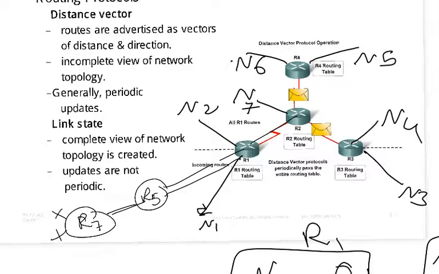But in the case of link state, it's usually faster. Why? Because these link states get propagated into the system very quickly, starting from time 0.